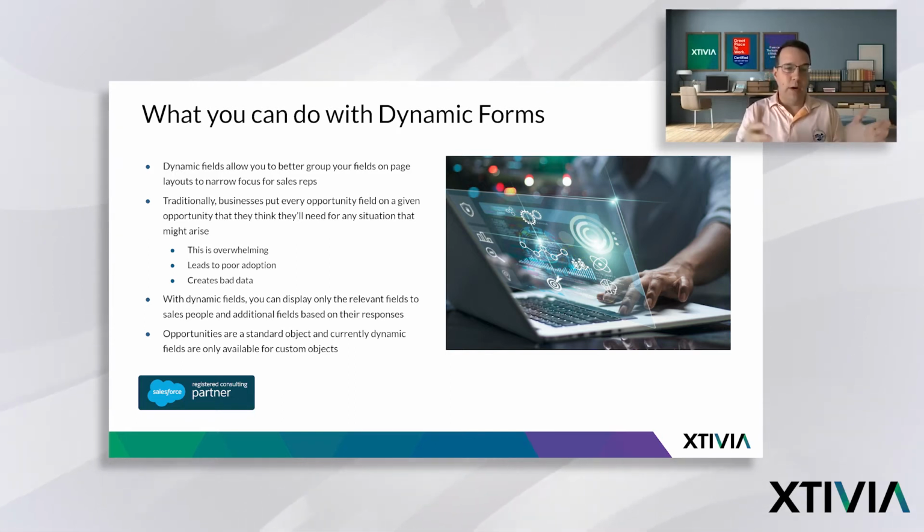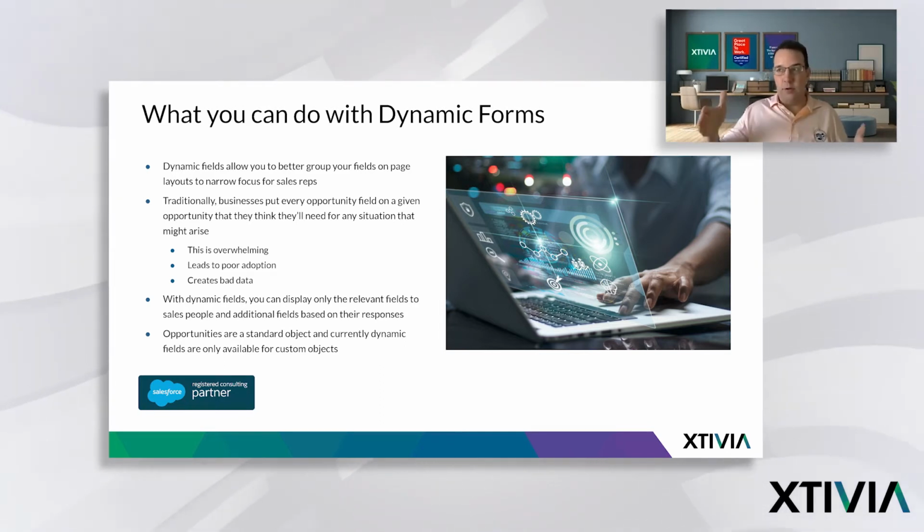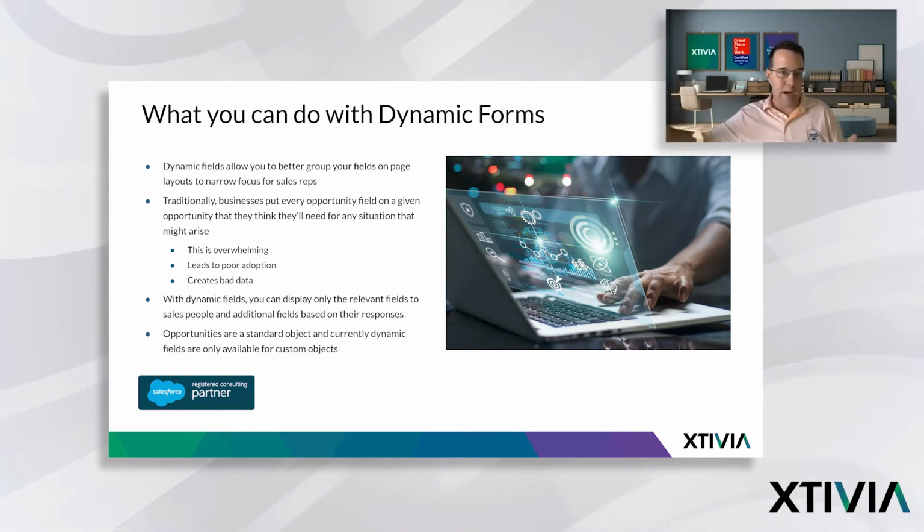However, if I'm creating that opportunity, and I say this is an existing account, I never even have to display those fields to you, a user, at all. So now the salesperson has 3 less fields that they need to see on the screen just because of how they populated a pick list field. So traditionally, businesses will put every opportunity field on an opportunity that they think they could need to meet whatever potential scenario could arise.